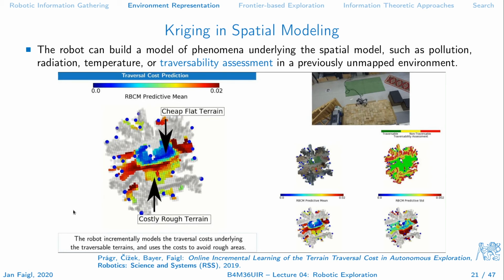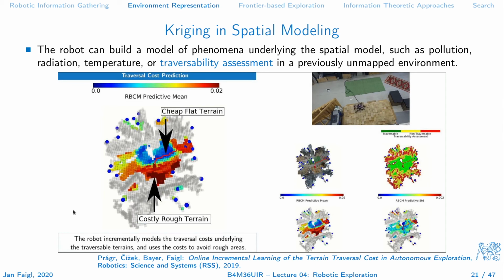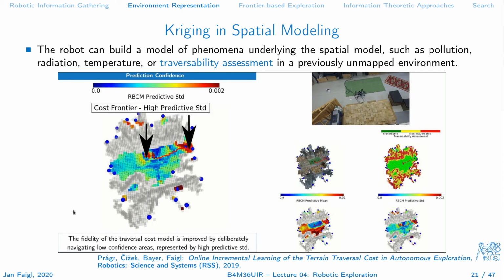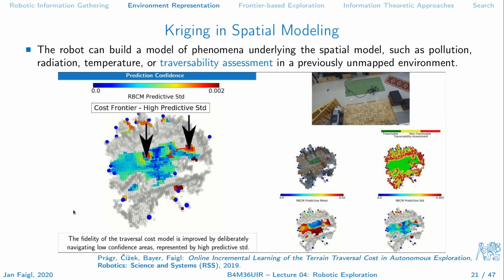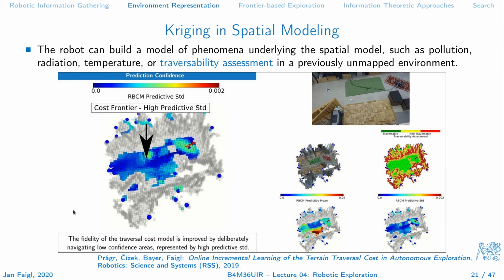Basically, kriging is a technique where, once we have a notion of uncertainty of our model, or variance of the model, we can diminish the uncertainty of the model if we take a measurement in the location with the highest uncertainty, the least certain data.